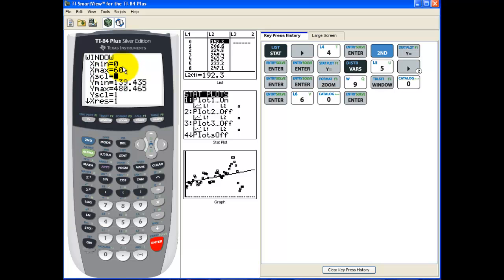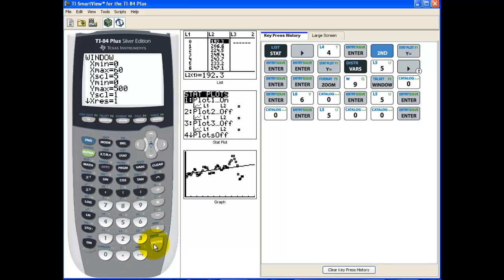So that's why I'm bumping my x max out to 60, because I'm going to be inputting x as 55, and I want to make sure not to get an error. Anyway, the x scale there, let's change that to 5. That should be good. And then for the y values, let's go from 0 to 500, nice and clean, and then let's make the y scale 100.